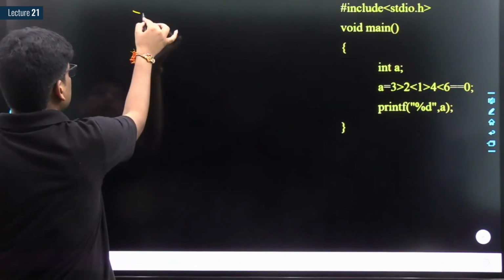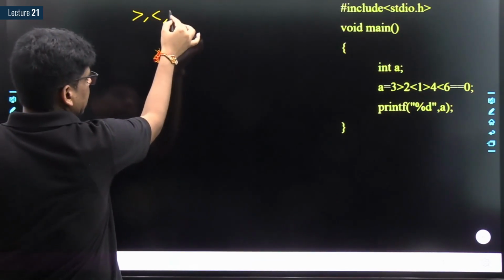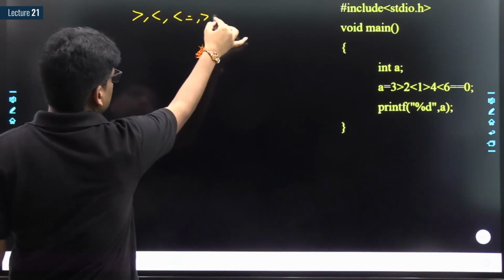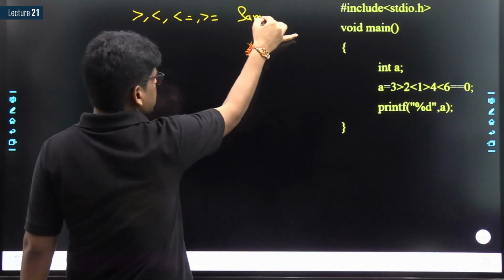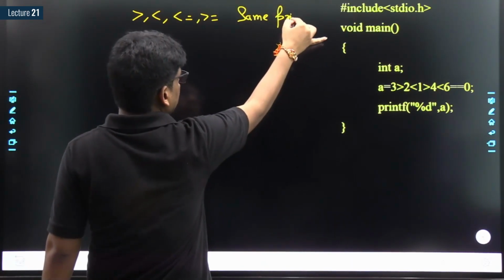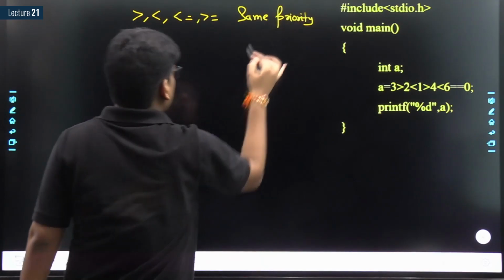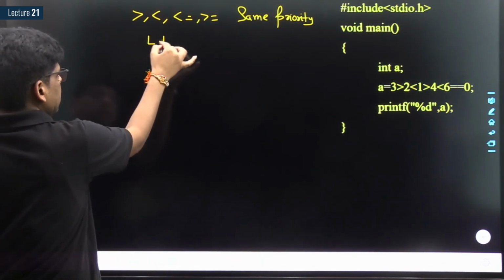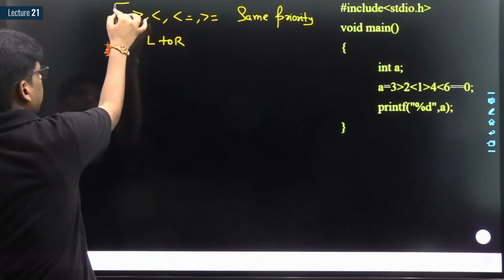In relational operators, we have less than, greater than, less than or equal to, greater than or equal to, which are of the same priority, and the associativity is from left to right.